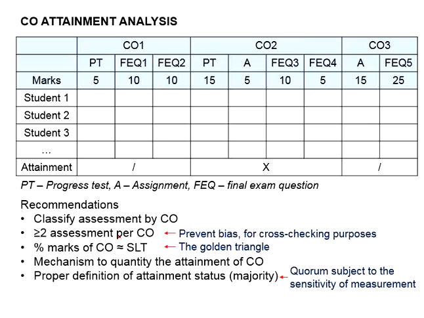Another thing is about the student learning time. Theoretically, how much time you spend on each CO should have more or less similar amounts of marks being assigned to the COs. This is in line with the golden triangle. From the practical point of view, this may not always be achievable.